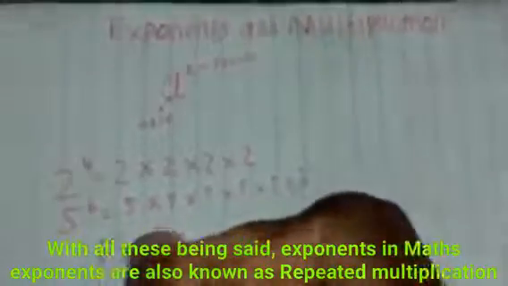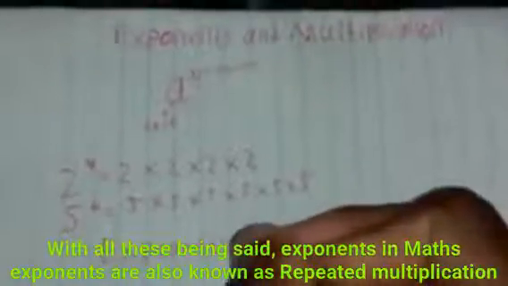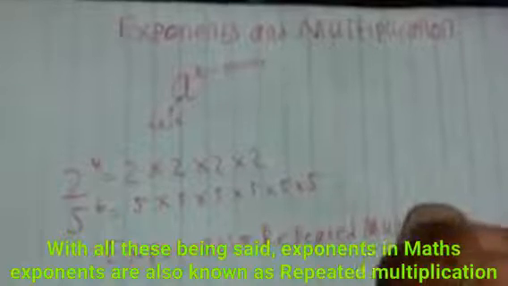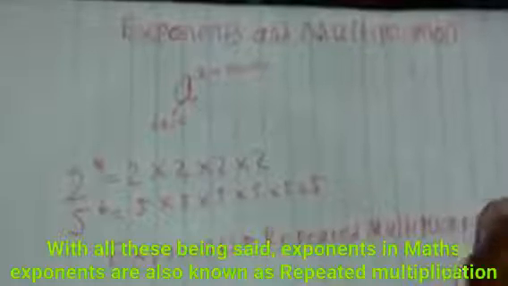So with all this, exponent in mathematics is also known as repeated multiplication. Yes, exponent in mathematics is also known as repeated multiplication. And how are they related to multiplication?